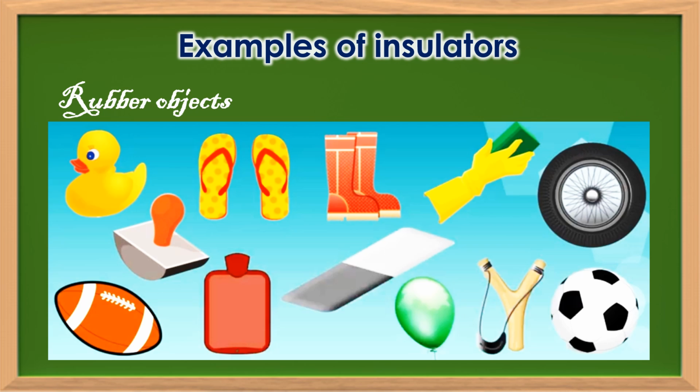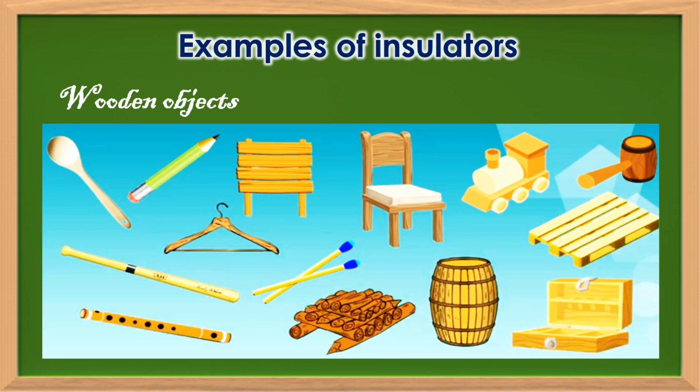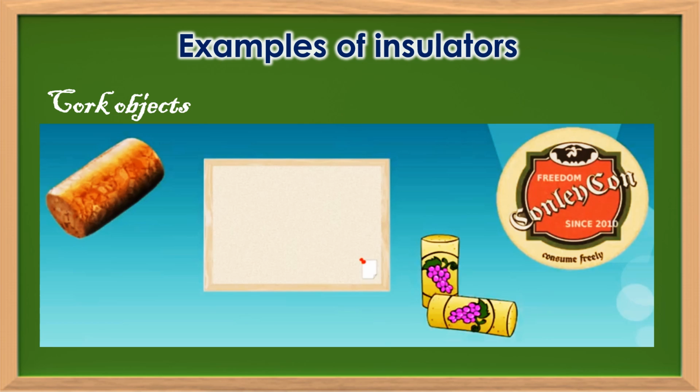Rubber objects. Wooden objects. Cork objects like in the picture are also examples of insulators.